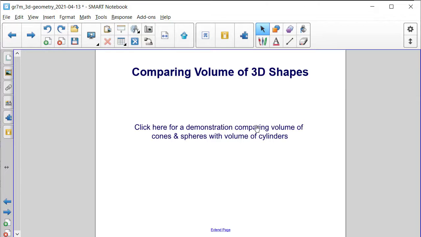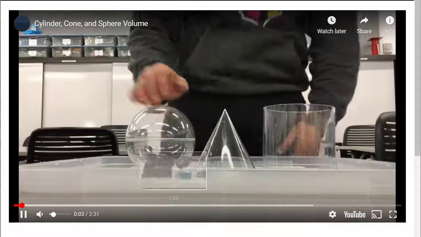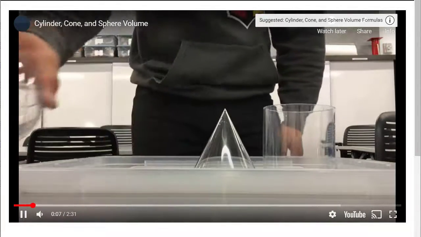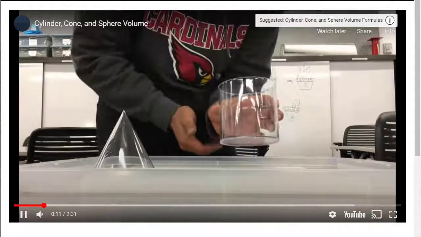Let's actually look at a demonstration when comparing the volume of cones, spheres, and cylinders. So we see that all of them are the same in terms of height, like how tall they were. So first we got a cylinder.